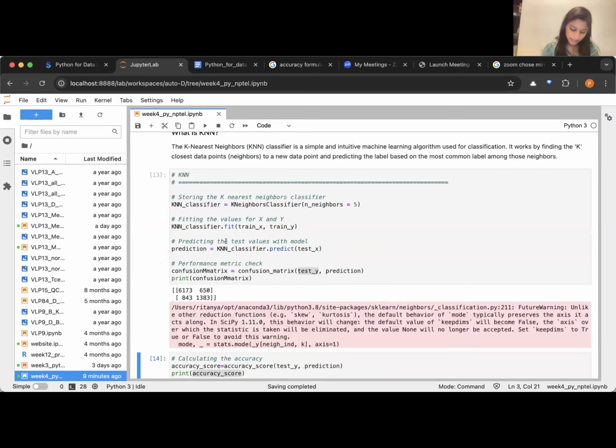Accuracy by definition is the number of correct predictions divided by the total number of predictions.